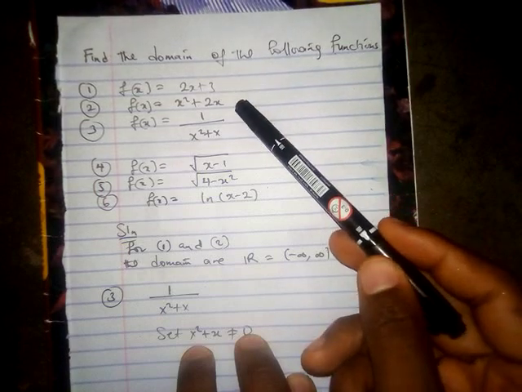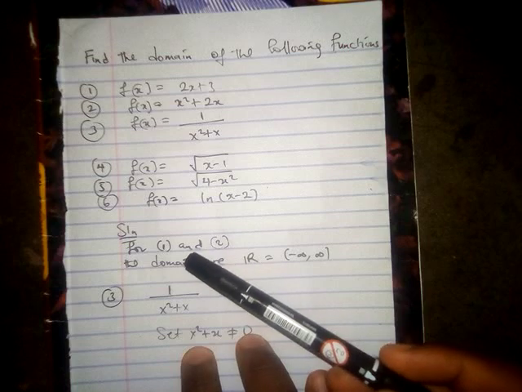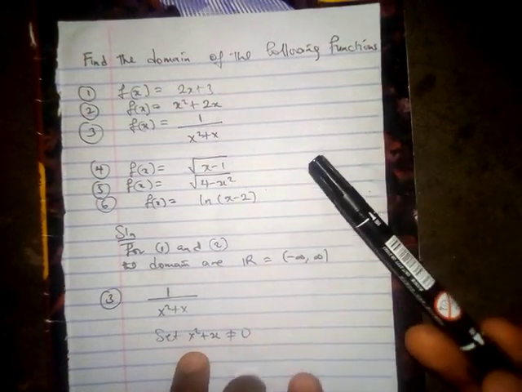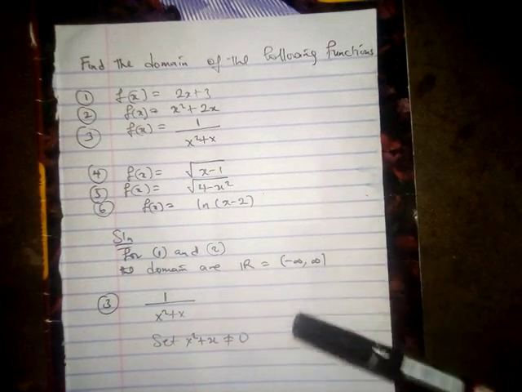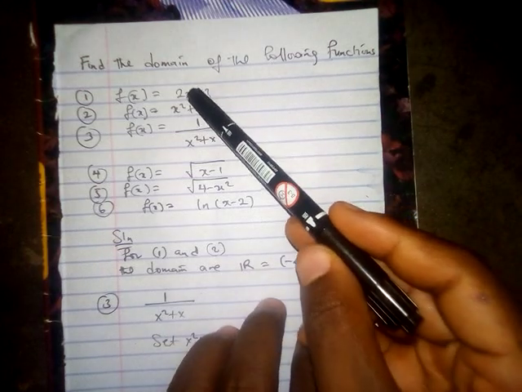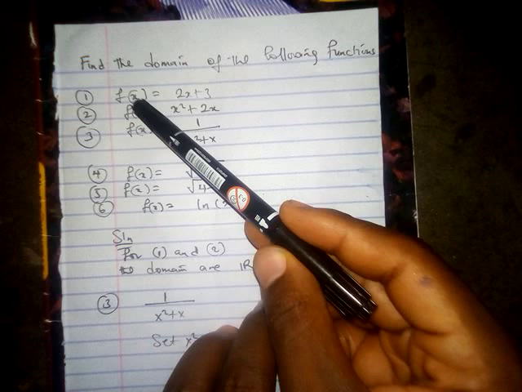The first two functions are algebraic functions, also known as polynomials. In general, the domain of a polynomial function is all real numbers. Observe that for any value of x I put here, I will have a corresponding value of f of x.